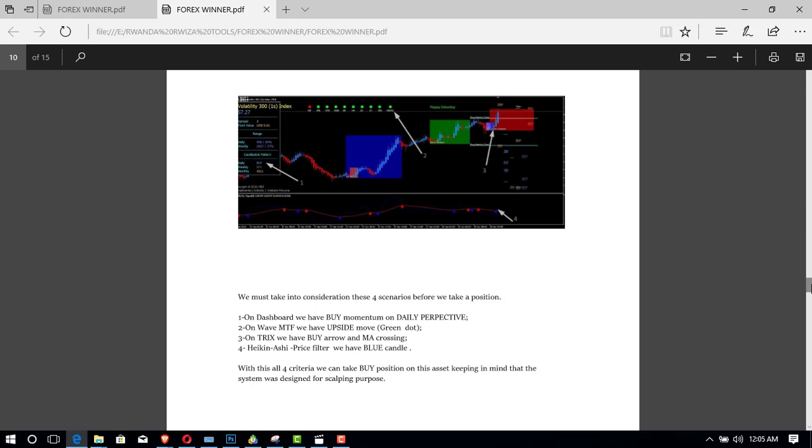In this scenario we have conflicting signals, we have no position. So something important, there can be more scenarios on how not to take a position. What you as user must keep in mind, for a scenario of taking a position, is that signals must be in alignment.